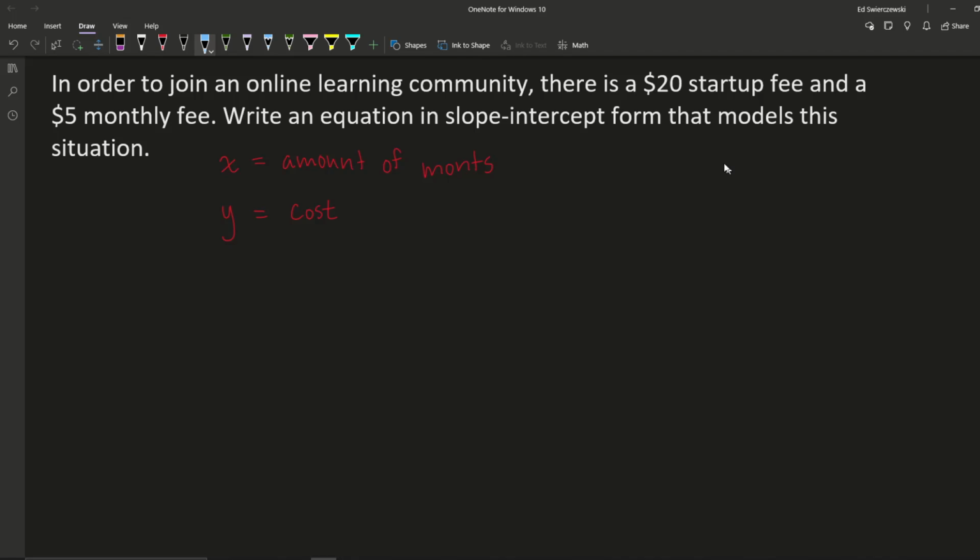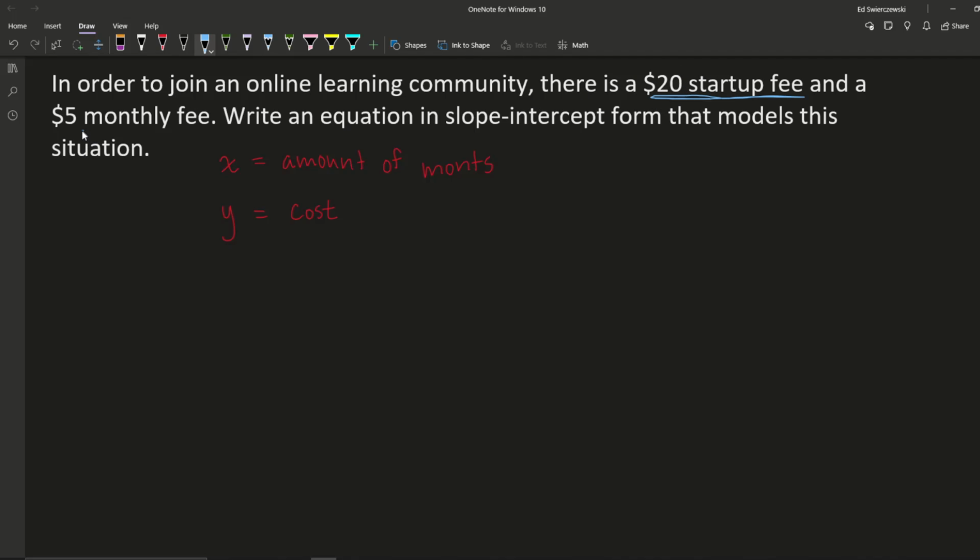So I encourage you to pause the video and try this on your own. All right, so let's take a look at it. So again, I'm going to underline some kind of things here. Whenever I see this kind of thing like a startup fee or flat fee or starting value, that is going to clue me in that this 20 is going to be the y-intercept.